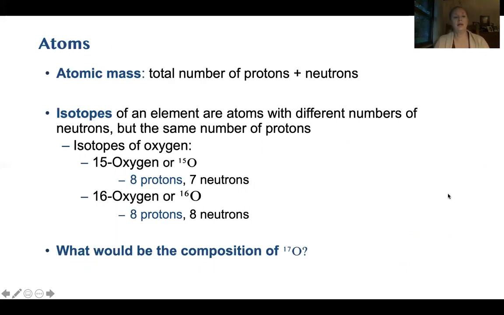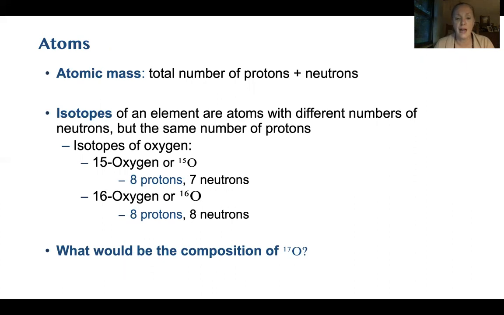And this becomes important when we start looking at isotopes. So if we hold our number of protons constant, we can add in more and more neutrons and change the weight. You've probably heard of things such as heavy water. Heavy water is a water molecule in which the hydrogens have additional neutrons in the nucleus, okay?